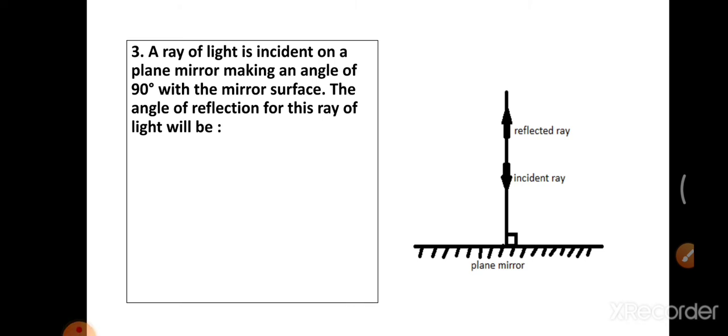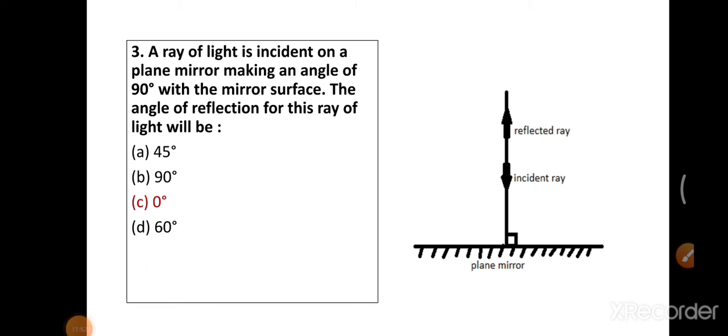The next question. A ray of light is incident on a plane mirror making an angle 90 degree with the mirror surface. The angle of reflection for this ray of light will be option A 45 degree, option B 90 degree, option C 0 degree, option D 60 degree.